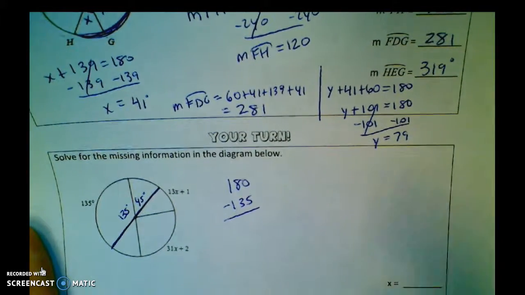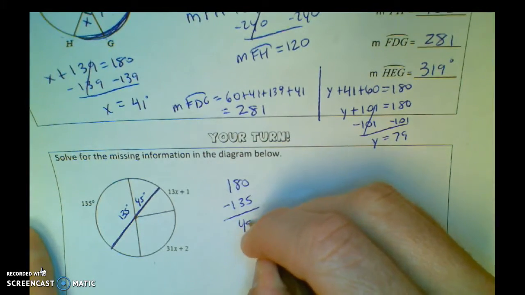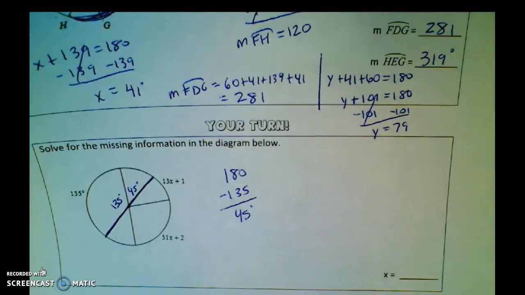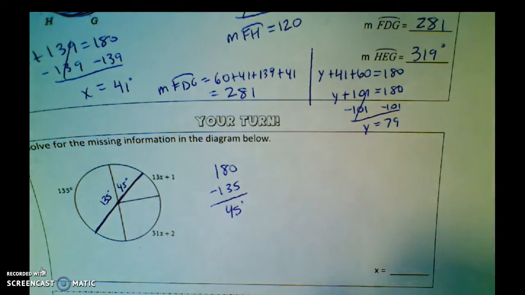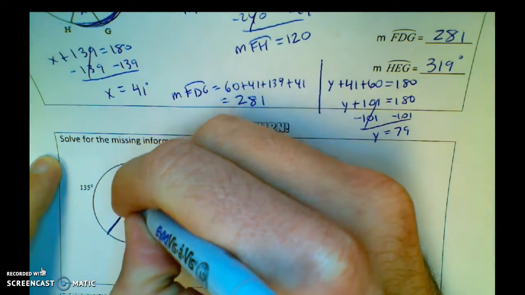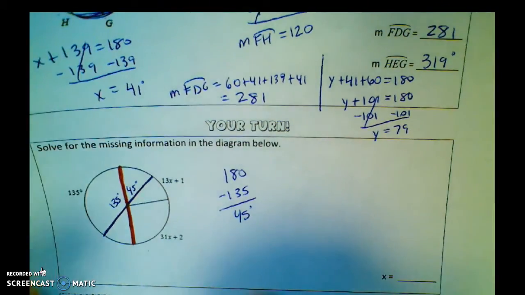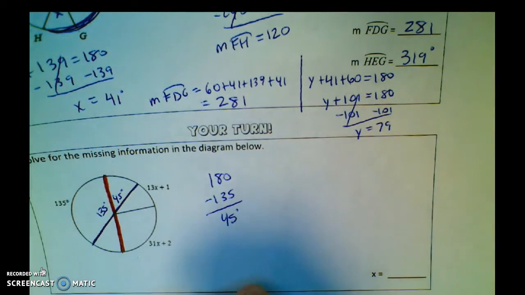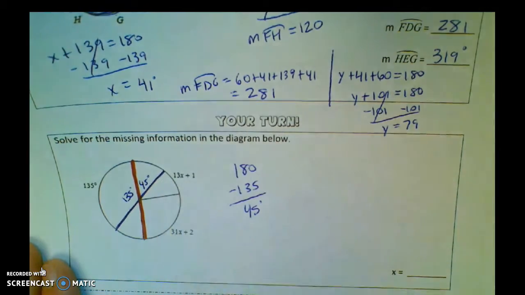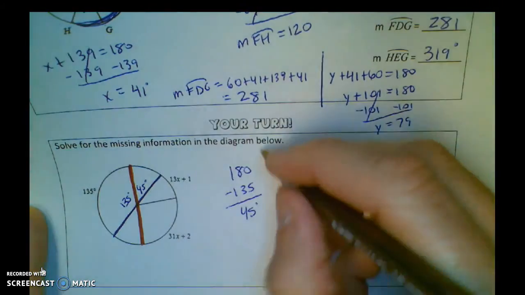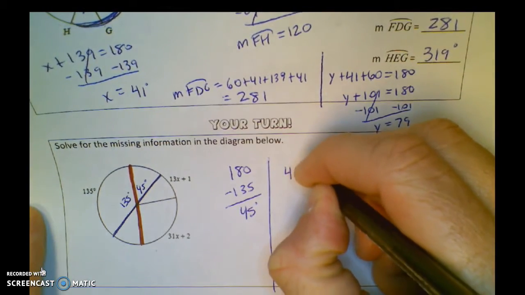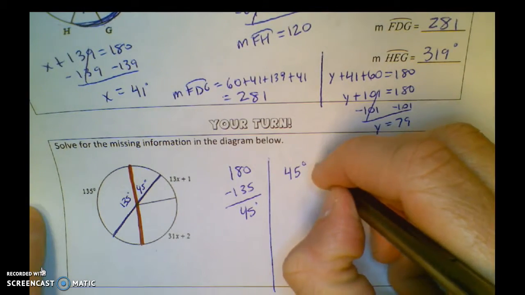Why that helps us is because now, to find x, I can use the other diameter that I see in this circle. And the three angles that form this diameter will also add up to equal 180 because the diameters cut a circle in half, and half of a circle's measurement is 180 degrees.